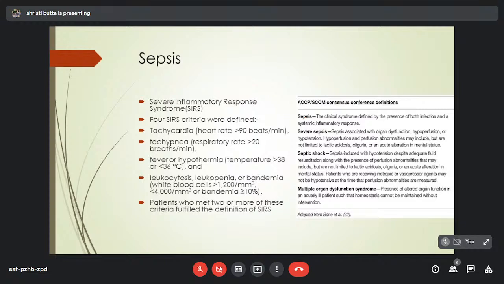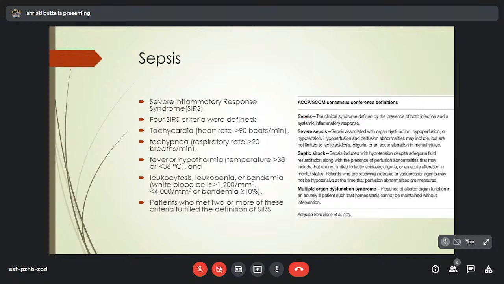So what is sepsis for that matter? Sepsis is a clinical syndrome defined by the presence of both infection and systemic inflammatory response. What is severe sepsis? Sepsis associated with organ dysfunction, hypoperfusion or hypotension, and a septic shock on the other hand is sepsis-induced hypotension despite adequate fluid resuscitation, along with the presence of perfusion abnormalities that include but are not limited to lactic acidosis, oliguria, or an acute alteration even in the mental status.